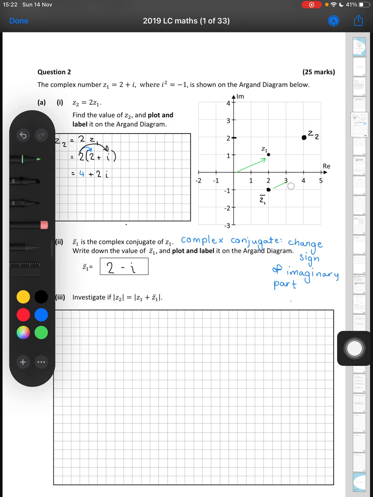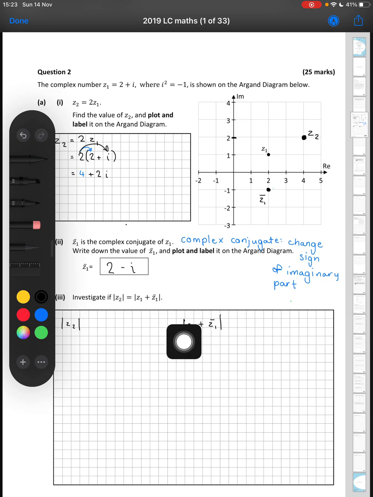So let's just have a look. The first thing we're going to do is show that Z1 plus the complex conjugate of it is going to be a distance of 4 units away from the origin. If we break this down, I can look at the modulus of Z2 for half of it, and then I'll go over here to look at the modulus of Z1 plus its conjugate.